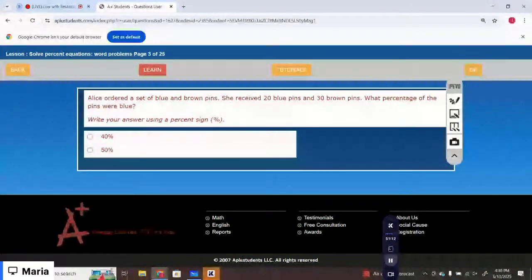Alice ordered a set of blue and brown pens.